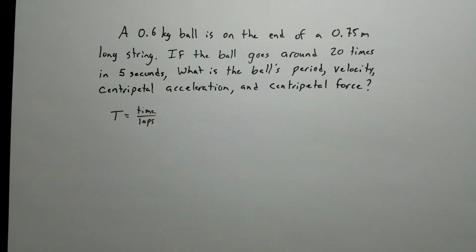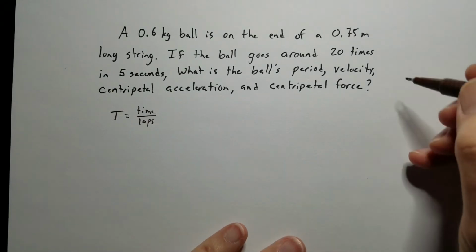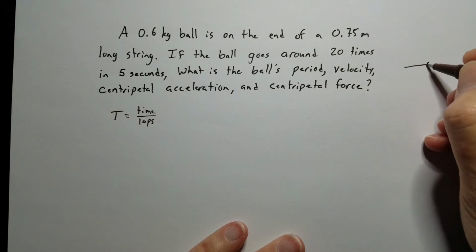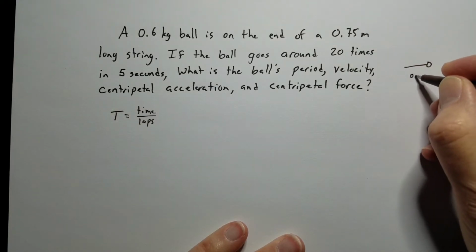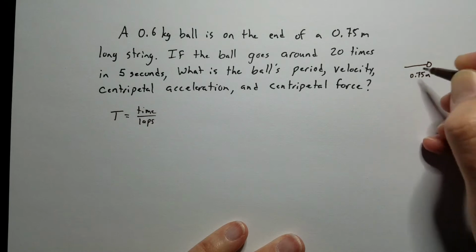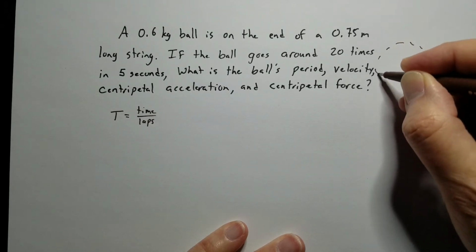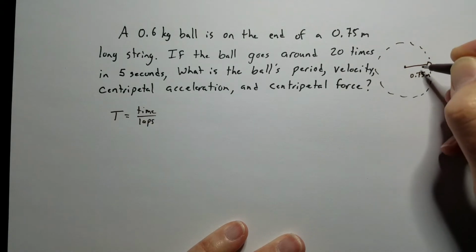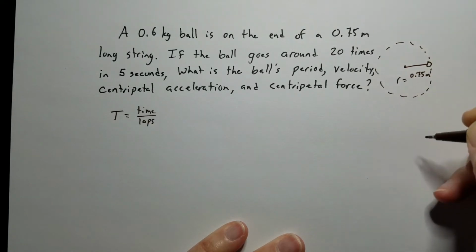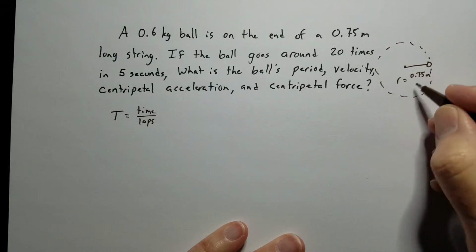First, it's on the end of a 0.75 meter long string. You're holding one end, the ball's on the other, so it goes around a circle like this. So that is the radius, 0.75.